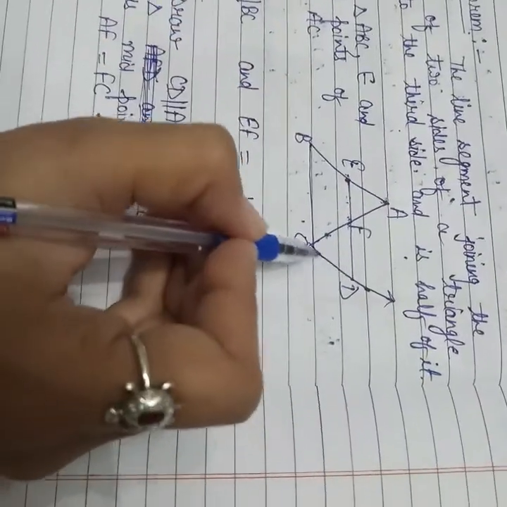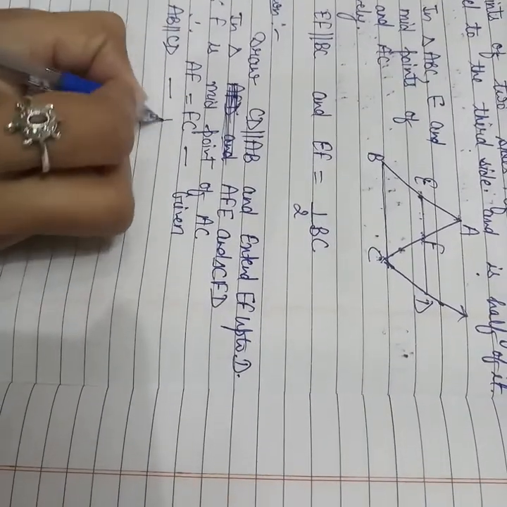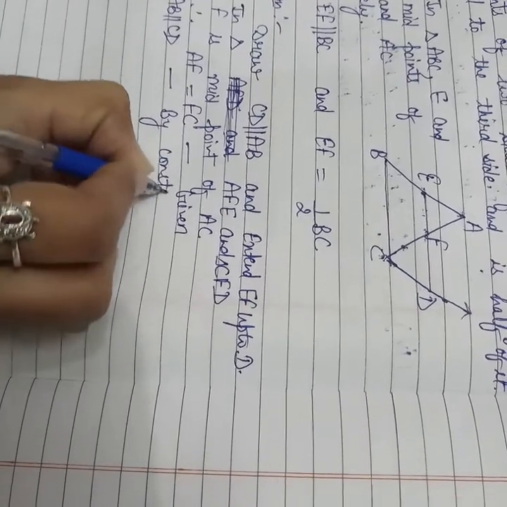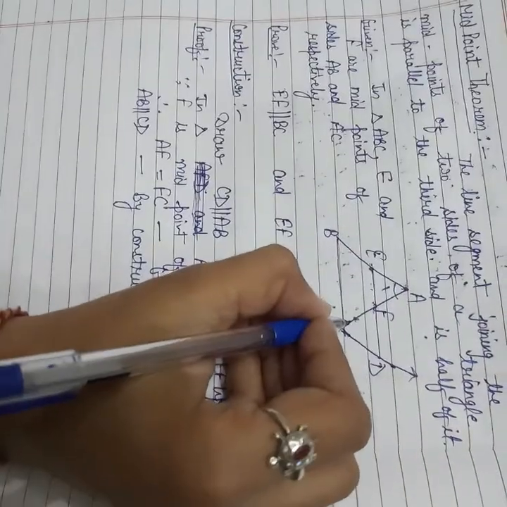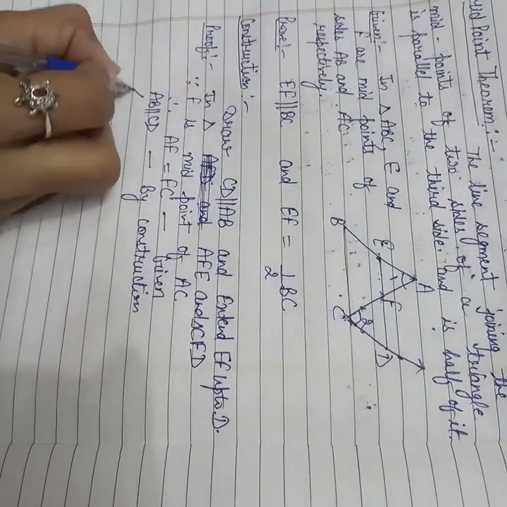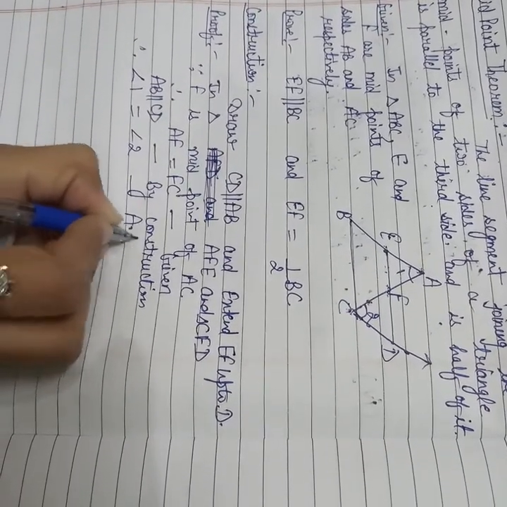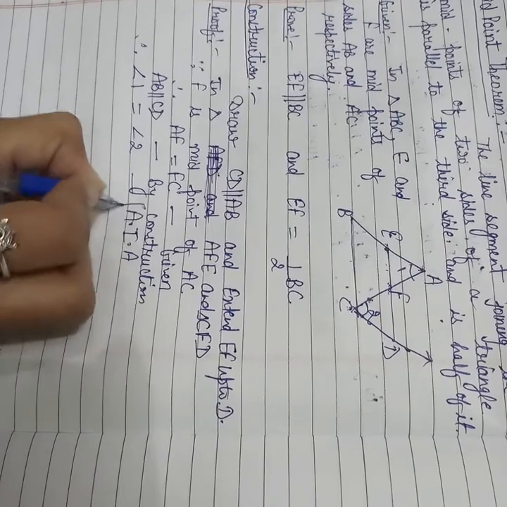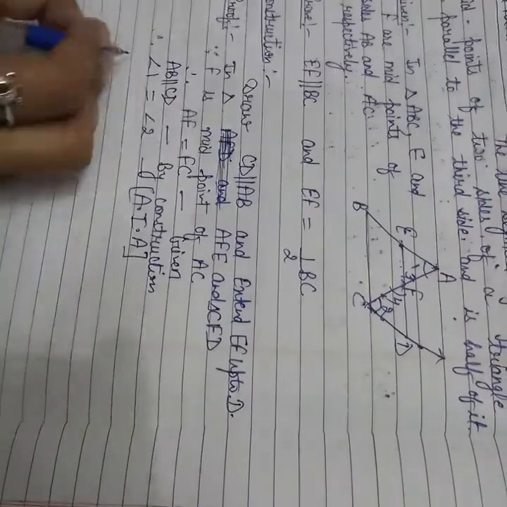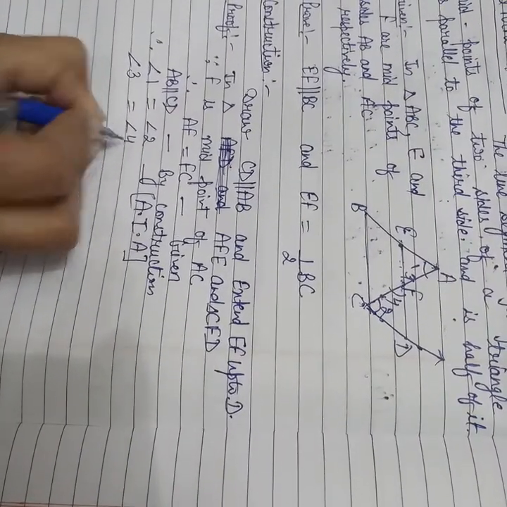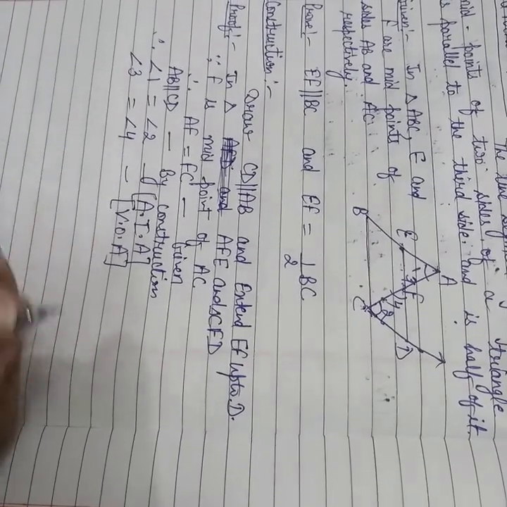And AB is parallel to CD by construction. Therefore, let this be angle 1 and this angle 2. Angle 1 equals angle 2 by alternate interior angles. Let this be angle 3 and this angle 4. Angle 3 equals angle 4 by vertically opposite angles.